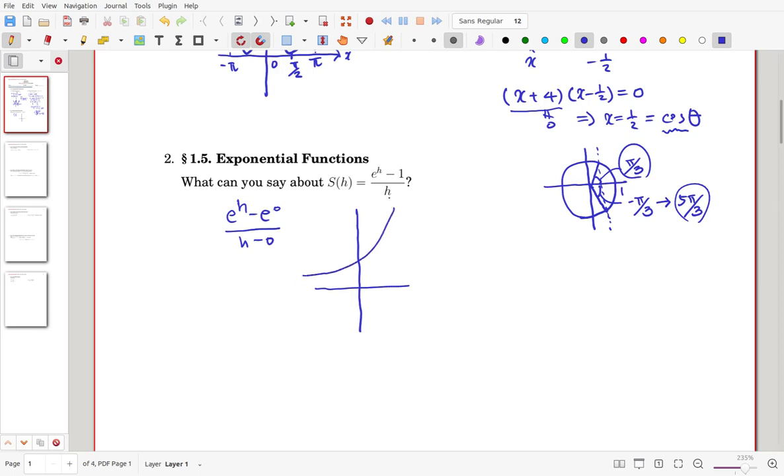If we consider y equals e to the x, then that is 0, and we have h here. Then the average slope is the slope of the secant line passing through these 2 points. So you can say this is first of all the slope of the secant line.